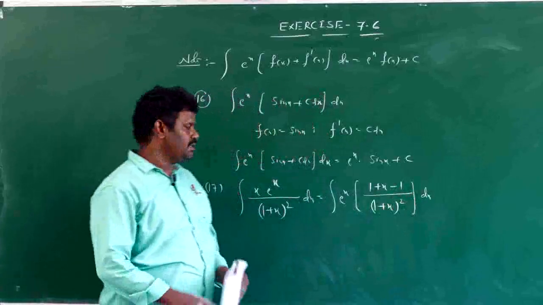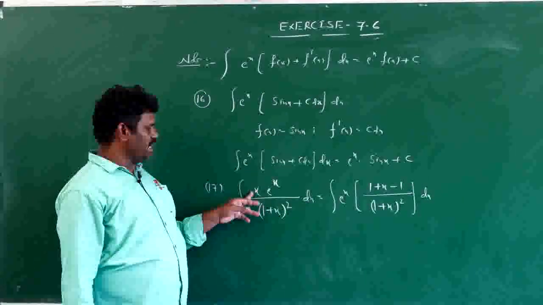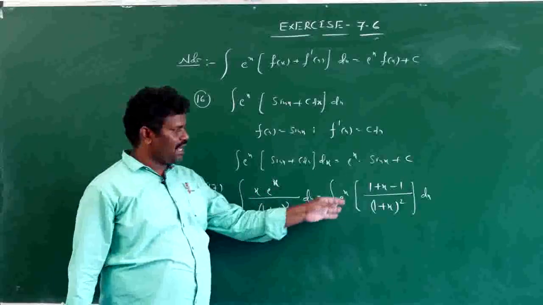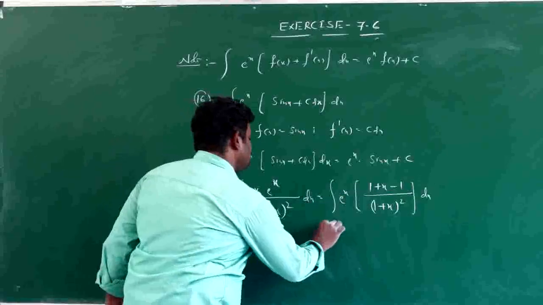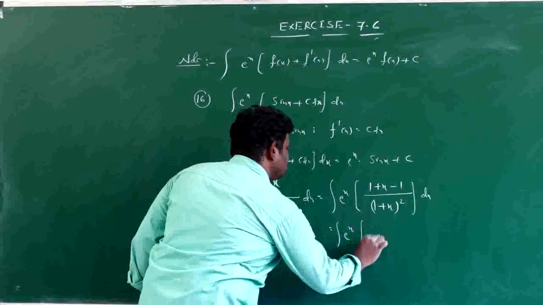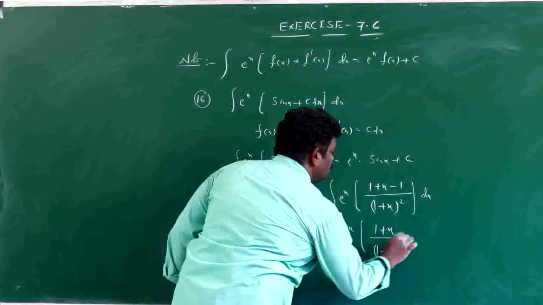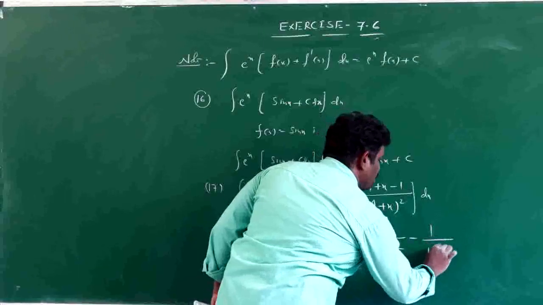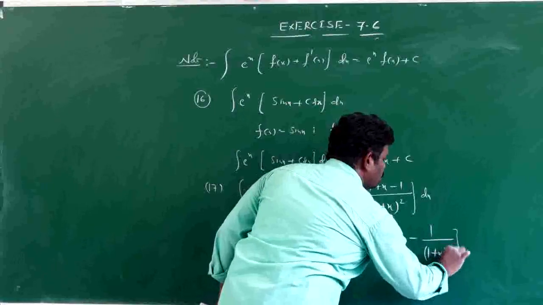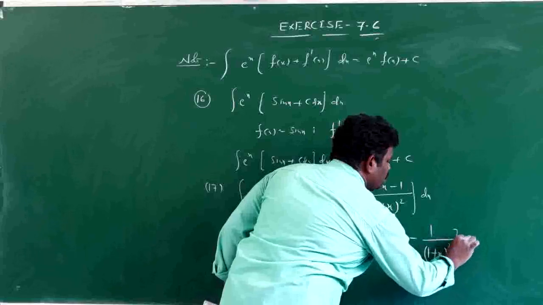Only e power x is separated; the numerator has x, so we add 1 and subtract 1. Now separating, integral of e power x into [(1 plus x) by (1 plus x) whole square minus 1 by (1 plus x) whole square] dx.